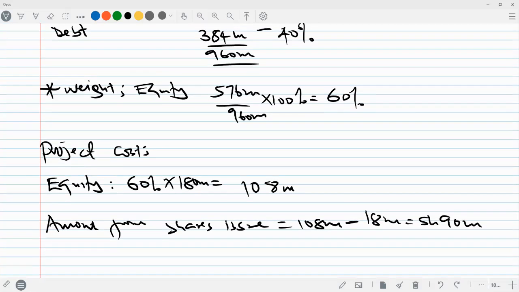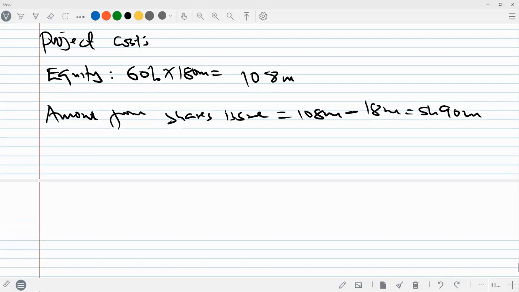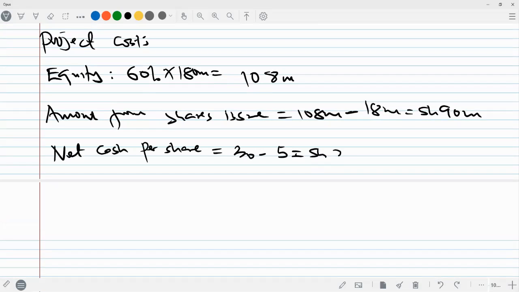We know the capital required is 90 million. Note 2 says new shares will be issued at 30 less 5. Therefore, the net cash received per share issued is 30 less the cost of floatation, which is 5, to give us 25. The number of shares to be issued to raise the 90 million will be 90 million divided by the amount received per share, which is 25.